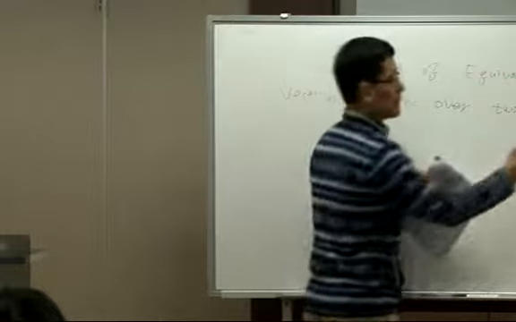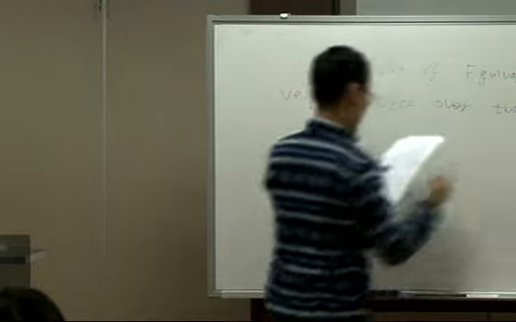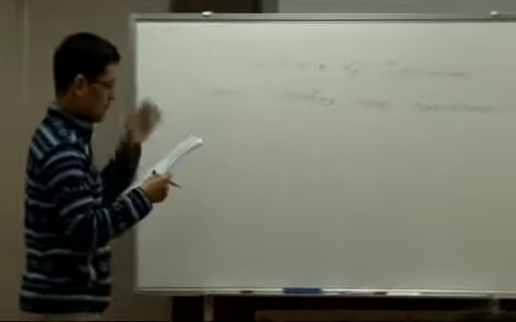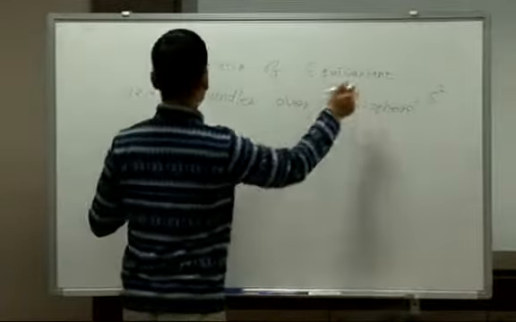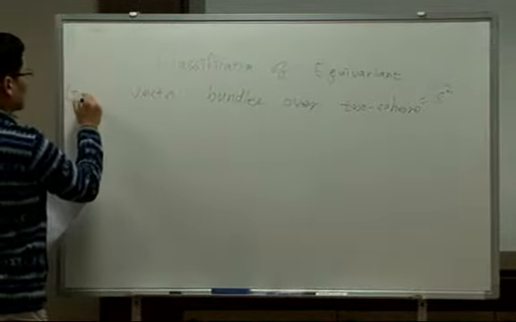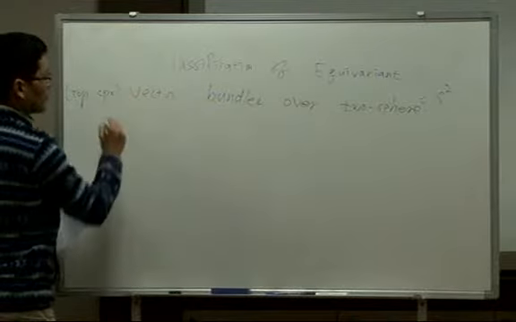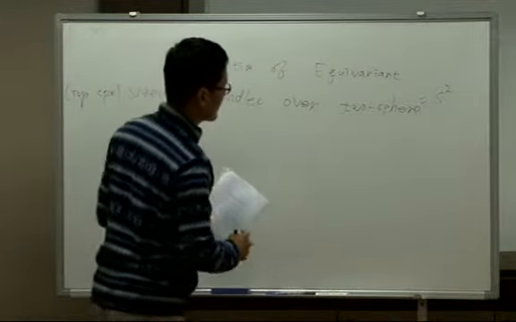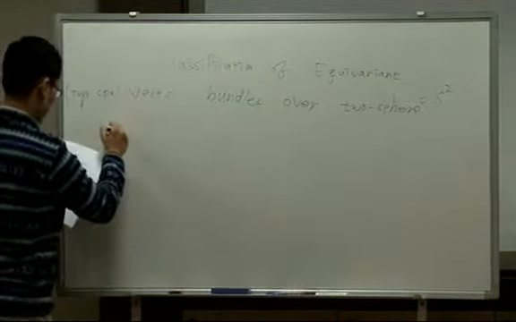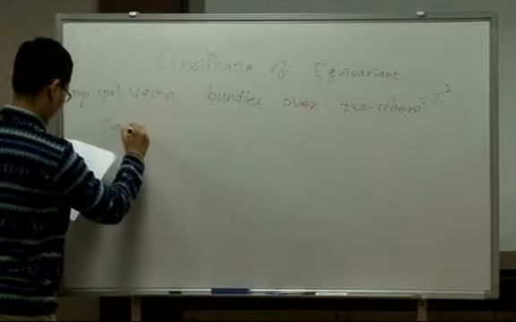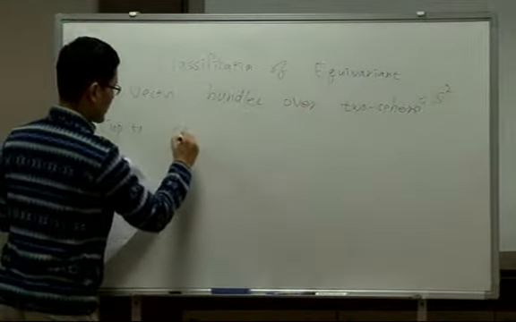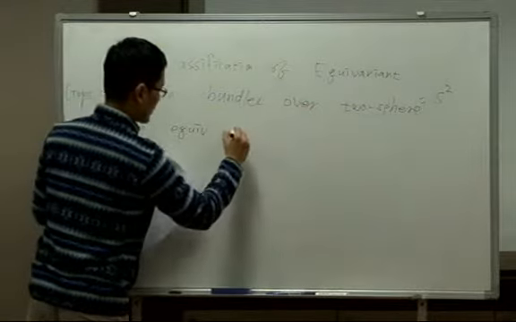Here, two sphere means S2. And I will explain the classification of equivariant topological complex vector bundles over two sphere up to equivariant isomorphism.